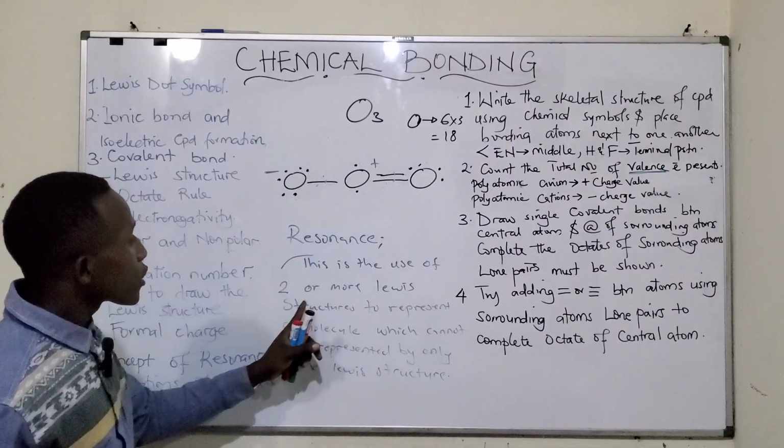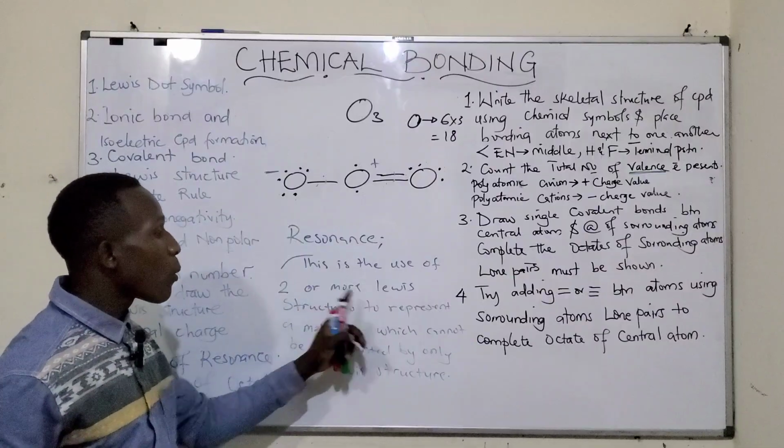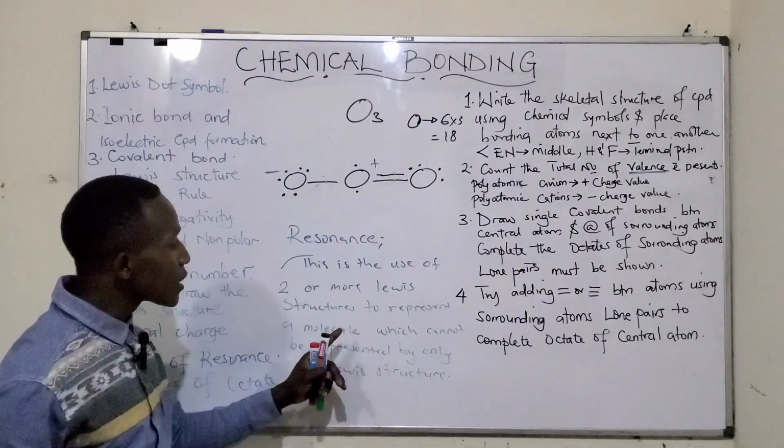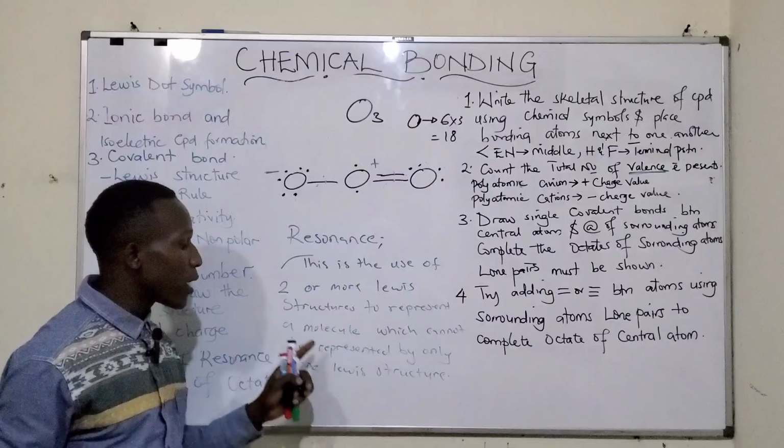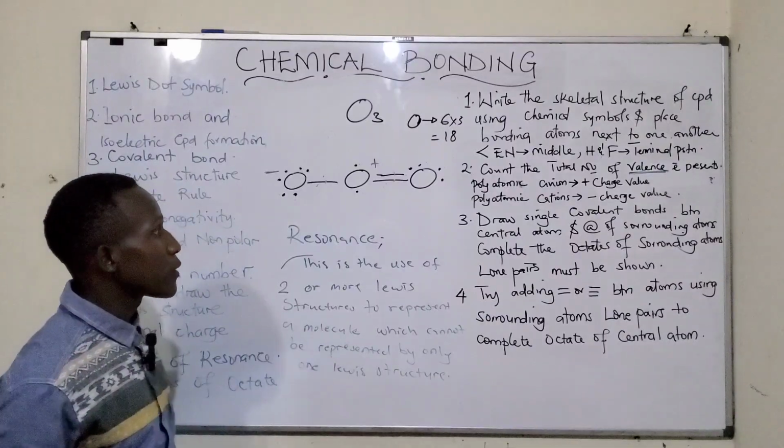So it's the use of 2 or more Lewis structures to represent a molecule which cannot be represented by only a single Lewis structure.